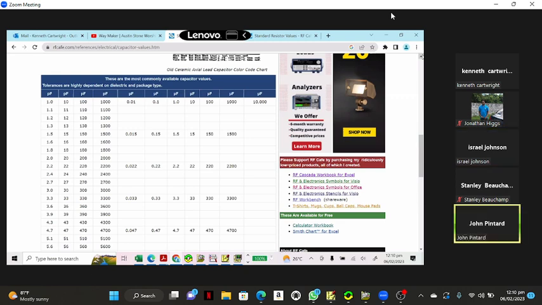What do we want? We want a value close to 0.159 nanofarads. Yes, and 0.1592 nanofarads is 1.5 times what? 10 to the minus 10. Now, what number?